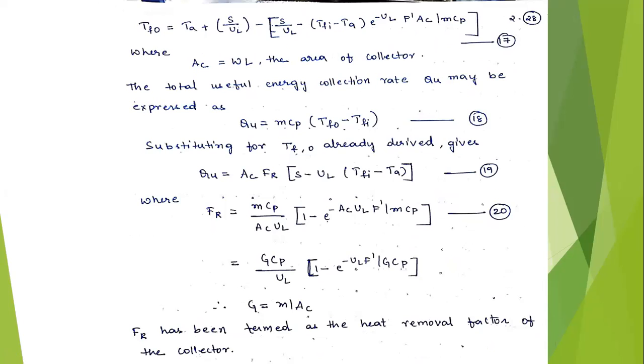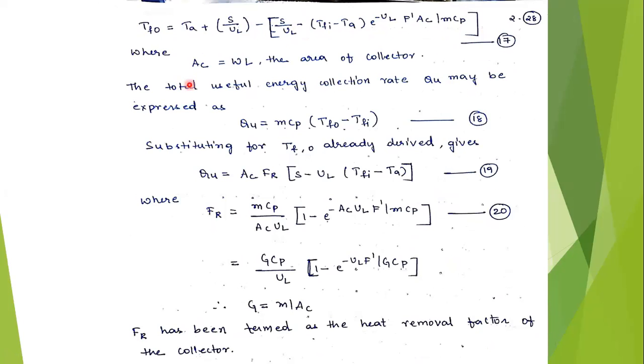After substituting, we get Tf naught is equal to Ta plus S by UL minus (S by UL minus Tfi plus Ta) e power minus UL F dash Ac by m Cp. This is the 17th equation.